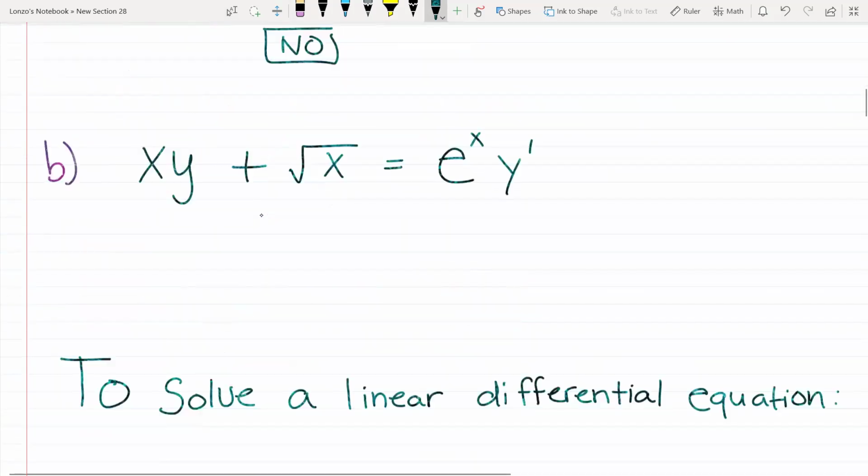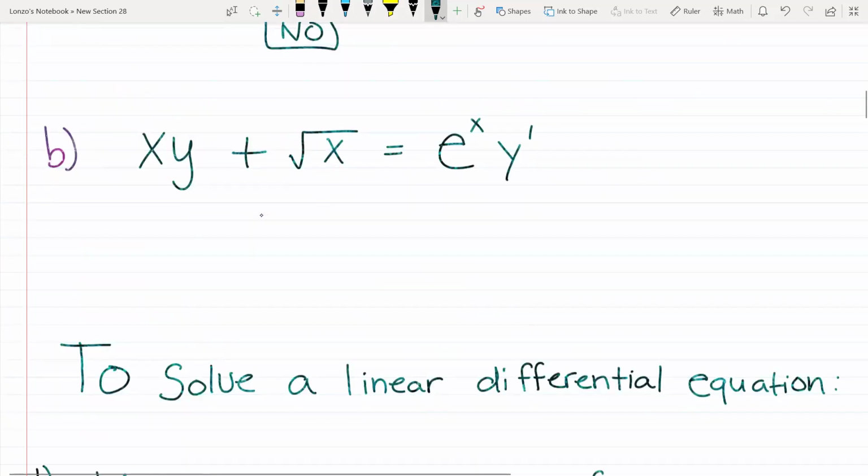Okay, what about b? We have x y plus square root of x equals e to the x y prime. So what would I do first? We can rearrange this: you can put this first and then move this to the right. So you can rearrange this as y prime e to the x equals x y plus square root of x, correct? Then I replace this y prime with dy dx.